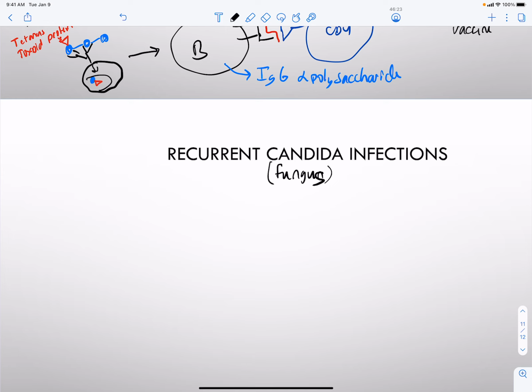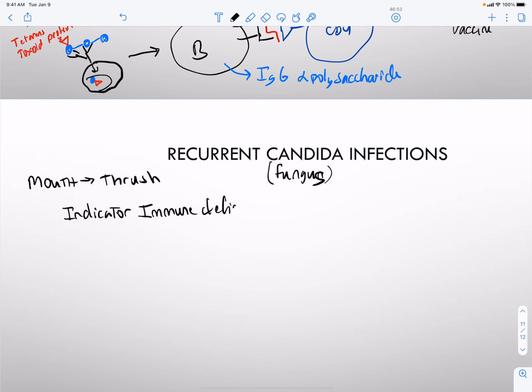And so if you have a patient who gets Candida infections over and over again, especially in the mouth, in the mouth it's called thrush, this is an indicator of a T cell or an immune deficiency. Now, Candida is everywhere.